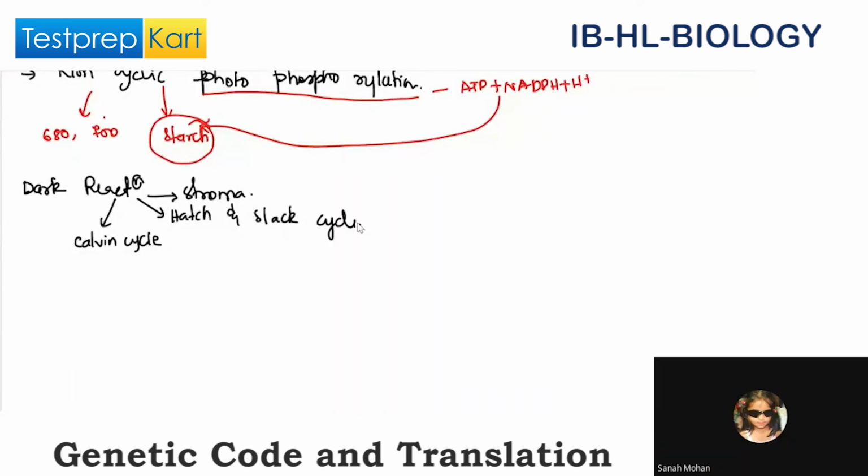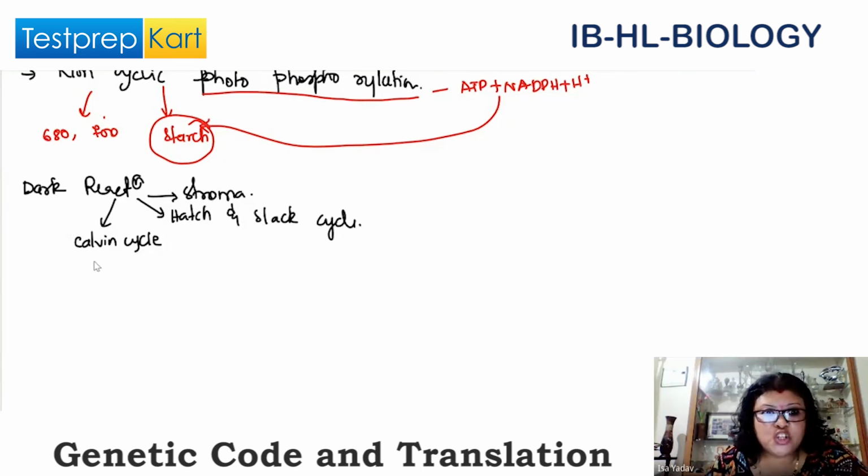Okay. So dark reaction is Calvin cycle and Hatch and Slack cycle. Calvin cycle is also called the C3 cycle, which occurs in C3 plants.